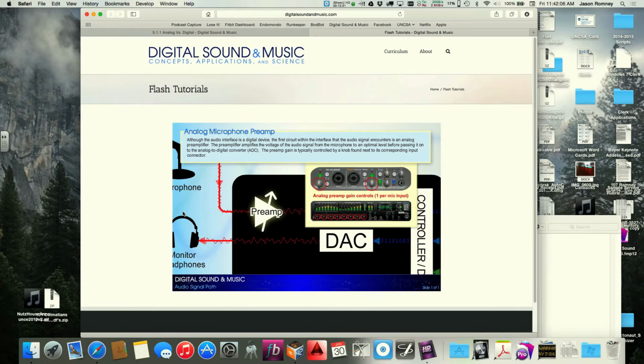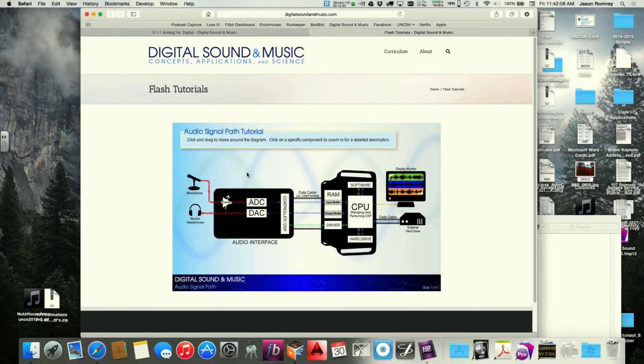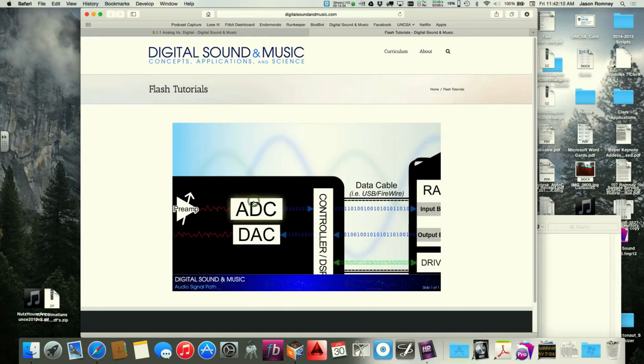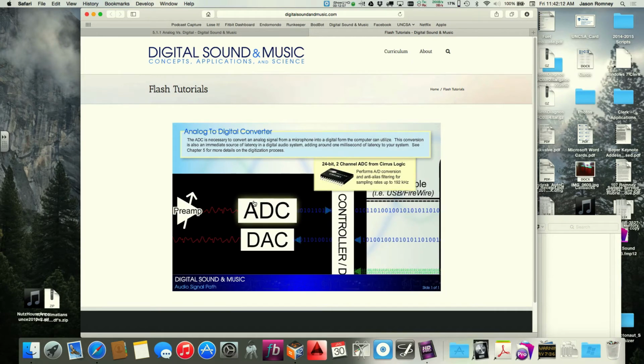Okay. Now, once it comes through the preamp, the next place it's going to encounter is your ADC, which is your analog to digital converter. And this is the thing that does what we talked about last week. It's a little chip, and it senses voltage and assigns a number to it. These are cheap now. It used to be that converters were really hard to come by and were very expensive, and now they're very inexpensive.